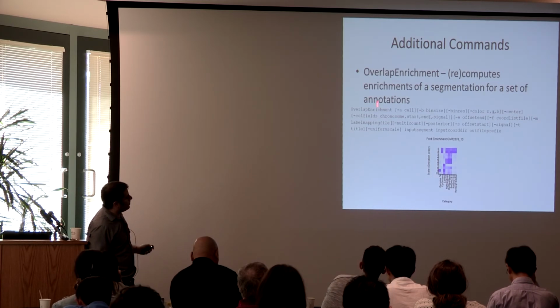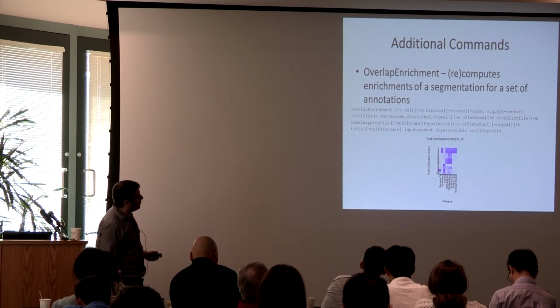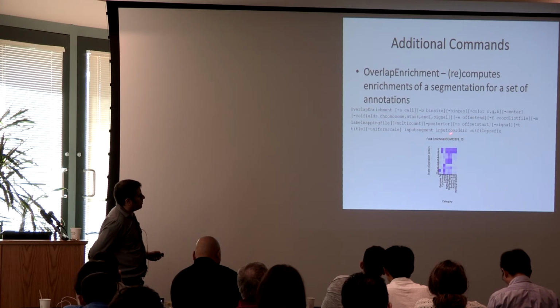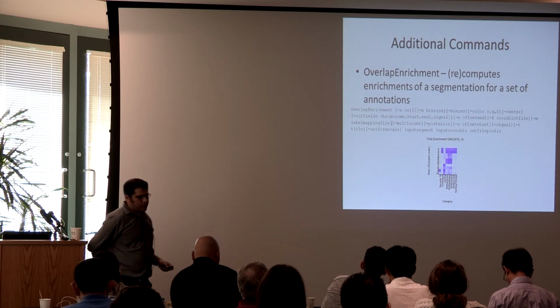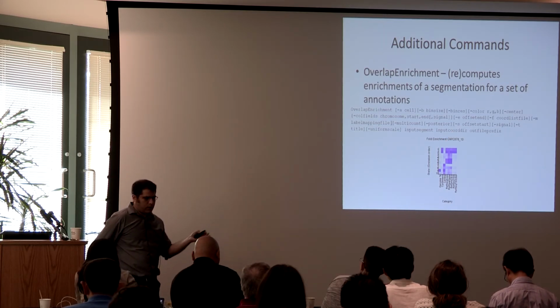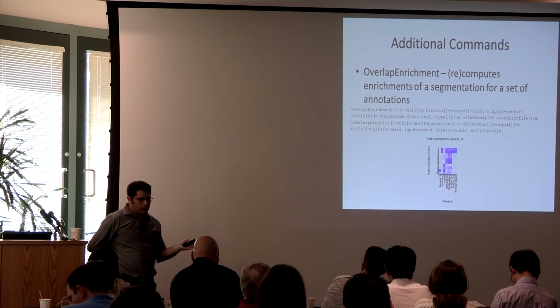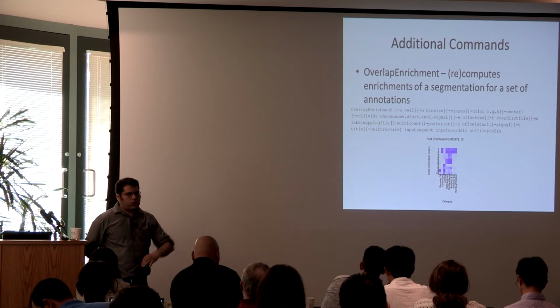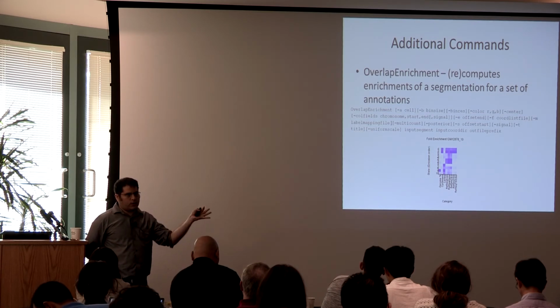Overlap enrichment is another command. After you have a segmentation, you can recompute the enrichments. You might have learned a model and then decided that you want to overlap it with some other coordinates. And you don't necessarily want to relearn the whole model using the learn model command because that can be time consuming.